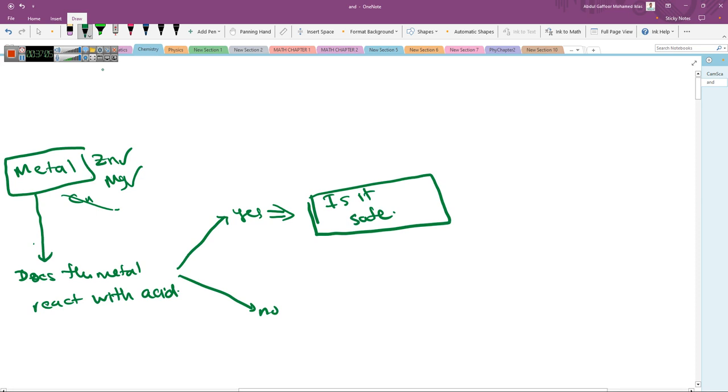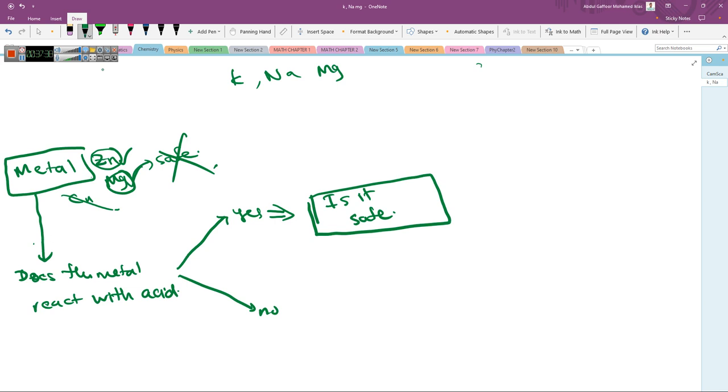If you take magnesium, it will not be safe, because potassium, sodium and magnesium, the elements occurring at the beginning of the reactivity series, will react with acid more vigorously, so we will avoid it. We will not go for magnesium. But zinc is somewhere here, so it's okay to perform this experiment in the laboratory.